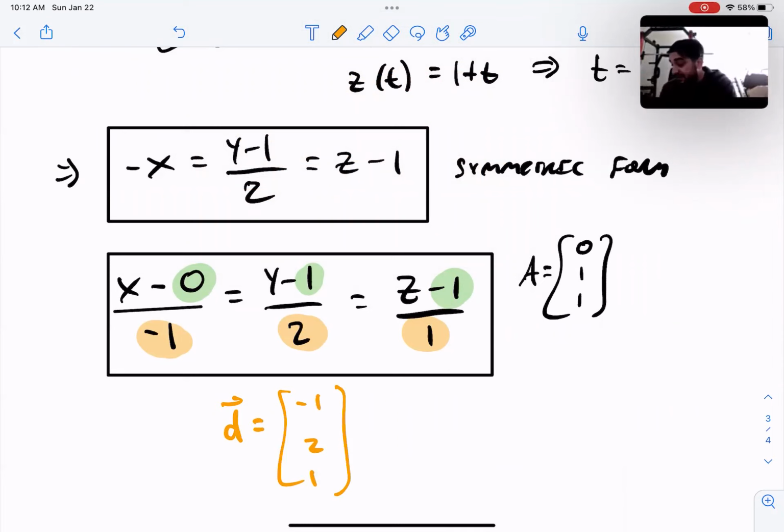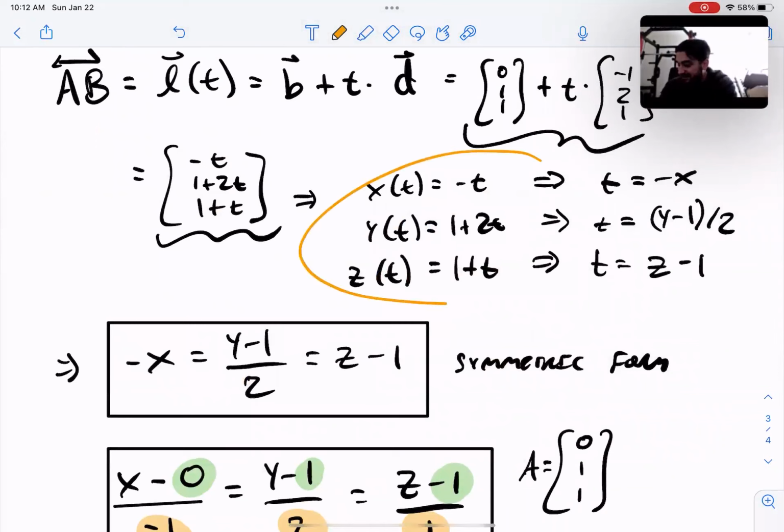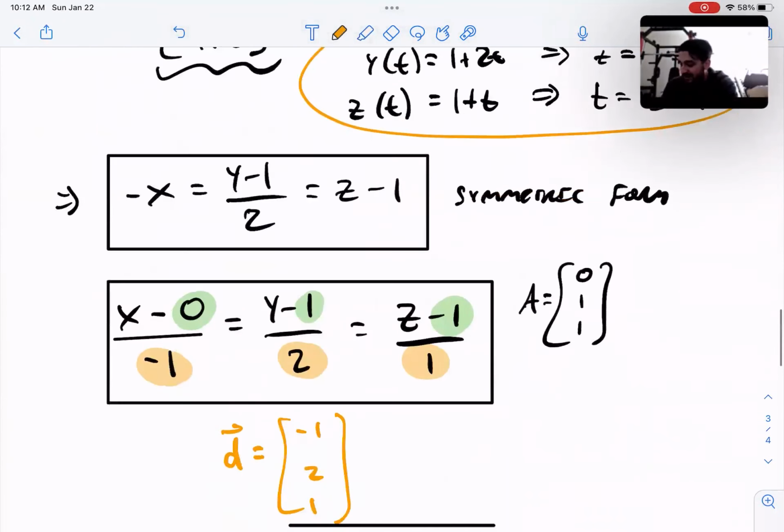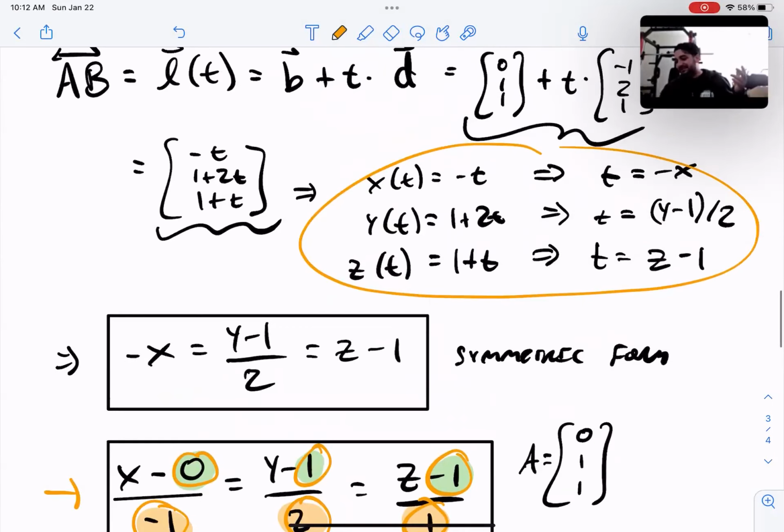And honestly, if you didn't want to do this algebra, and you wanted to just skip right to here by saying, hey, it's the line that starts at this point, number, number, number, and then has this direction, number, number, number, you could totally do that, right? I'm sort of just showing the algebra that connects those two forms.